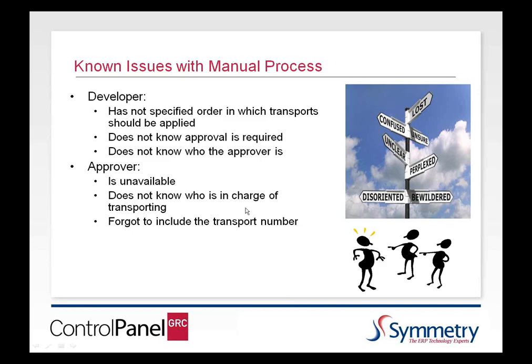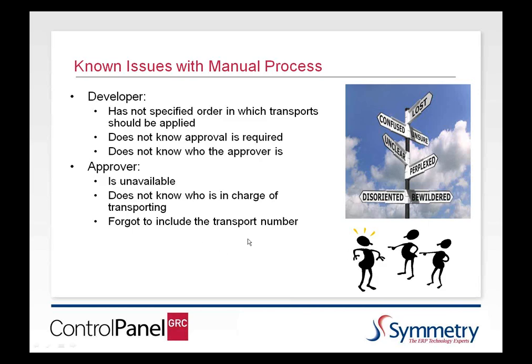If the approver does not know who's in charge of doing the transporting, if they don't know who to contact on the basis team, or maybe they just haven't done the process before and they didn't know that they couldn't just send it back to the developer and have them put it in. Because you can't, as I said before, have the requester be the same as the person that's actually doing the transport.